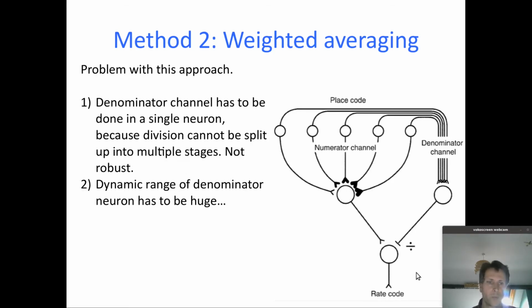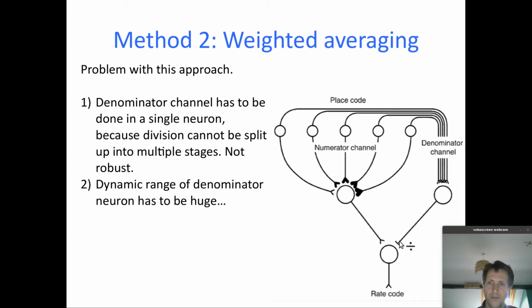So what's the problem with this? One thing is that this denominator channel all has to feed into a single neuron, because that single number has to be divided in a single operation. It's not like adding up, where we can add using multiple connections.